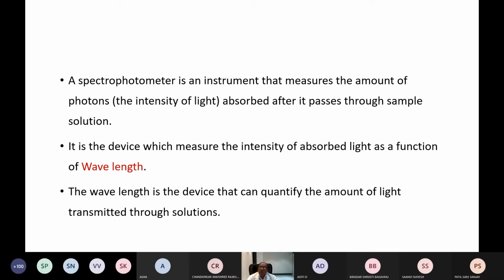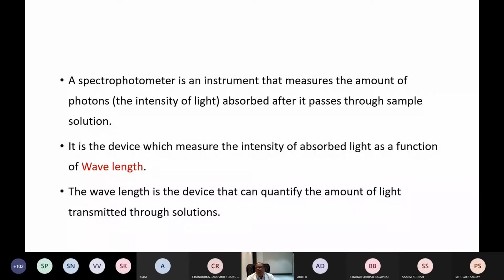In that one, we use another part called the filters. Yesterday you must have seen that. Those filters will be blue, red, green, like that. We select them depending on which filter will help the maximum amount of light to be absorbed.